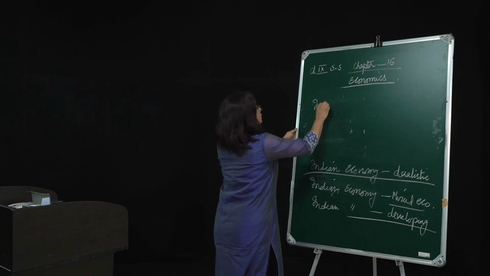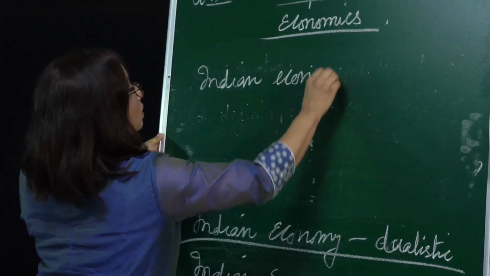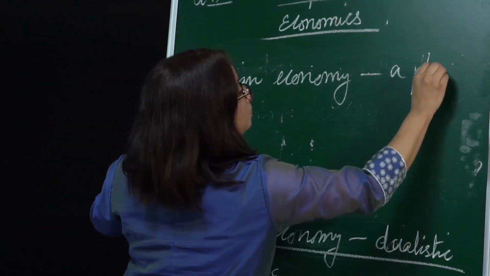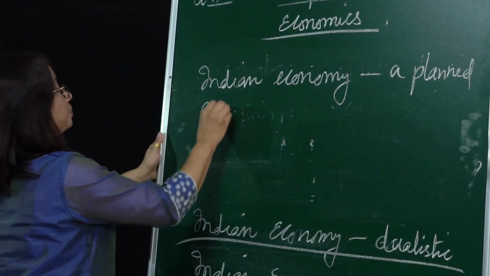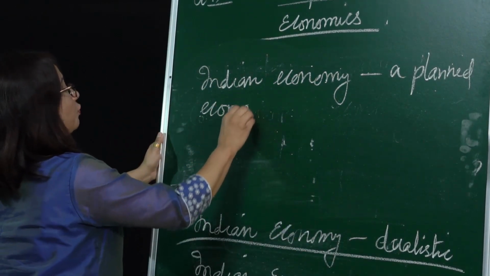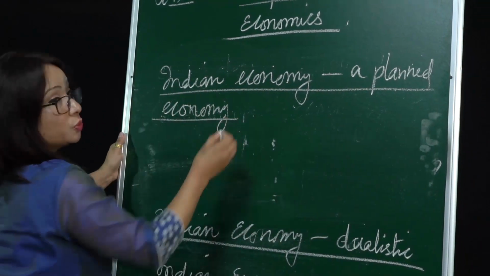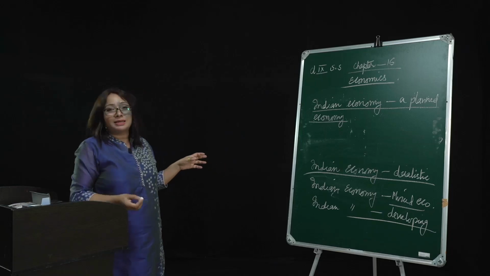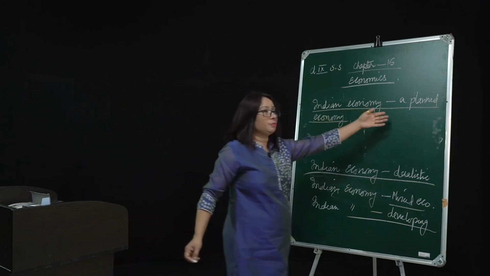The fourth one is Indian economy, a planned economy. This we did under nature, classification of economy on the basis of nature. First we did simple and complex, closed and open, then planned and unplanned, and then industrial and agricultural. So Indian economy, a planned economy.